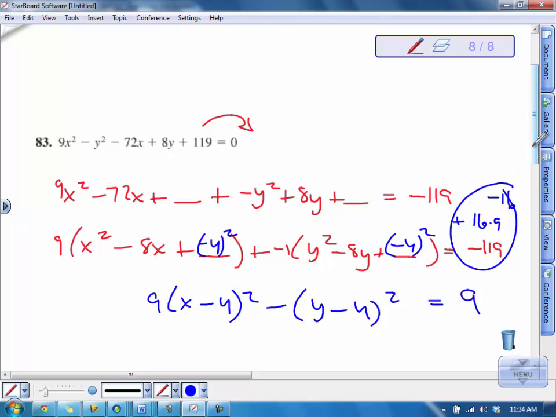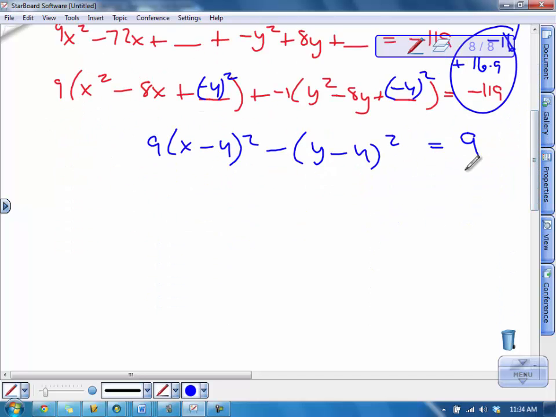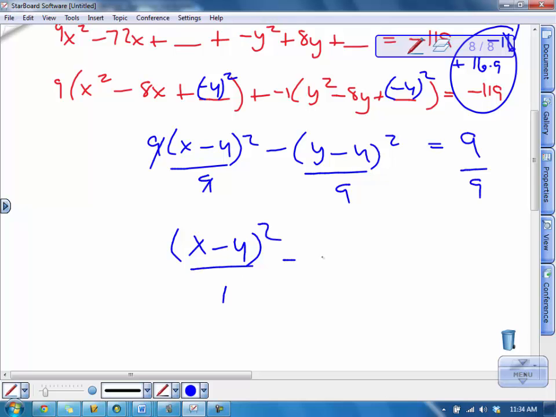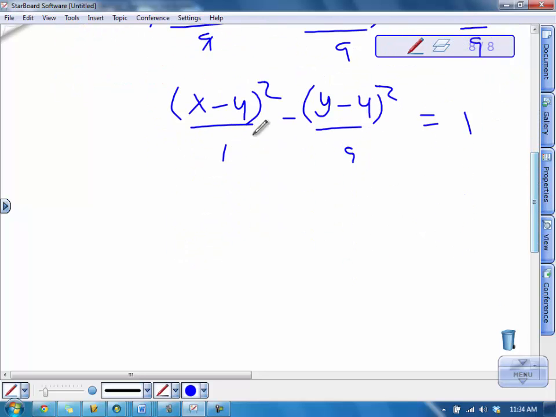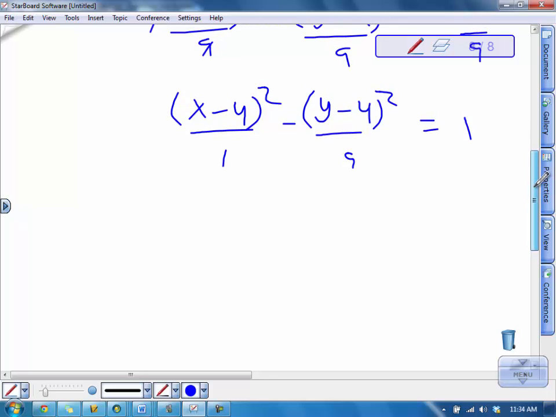Okay? And then I can see this as a hyperbola. If I divide through to get a 1 here, then these cancel and you end up with x minus 4 squared over 1 minus y minus 4 squared over 9 equals 1. So that's a hyperbola, and it's in standard form now.